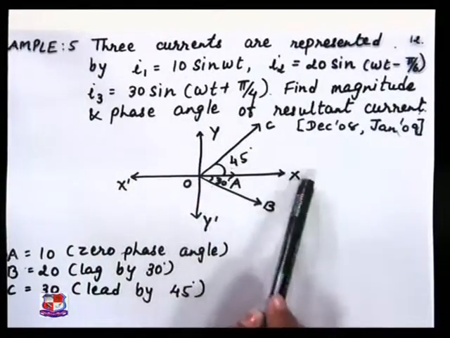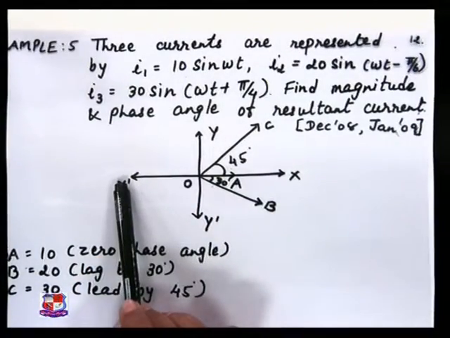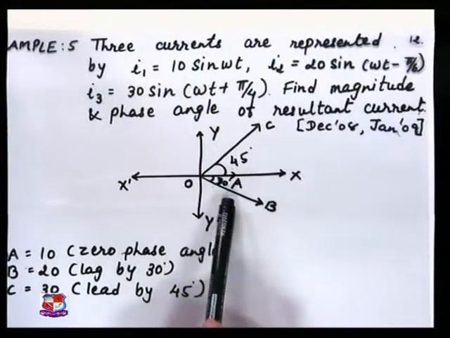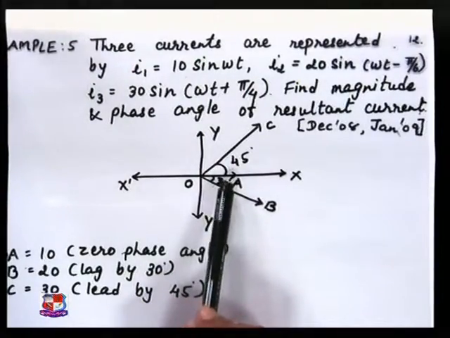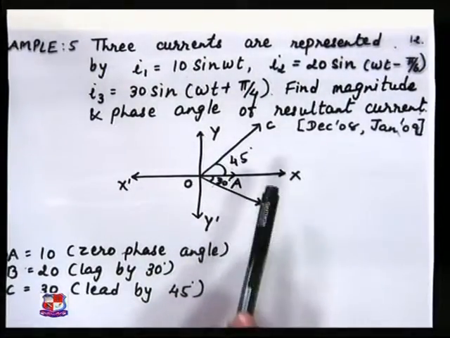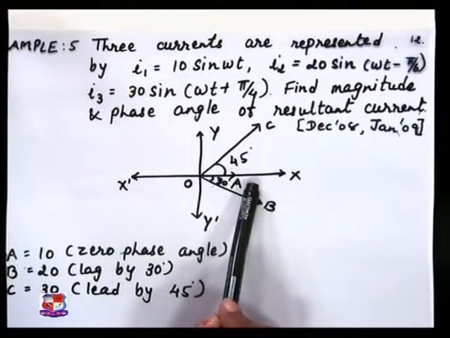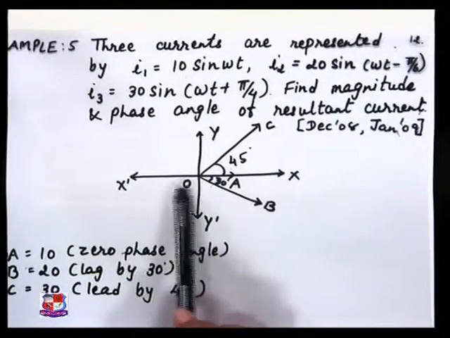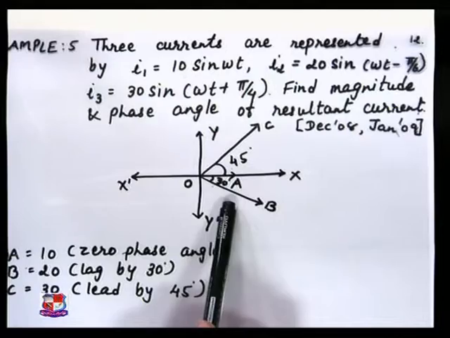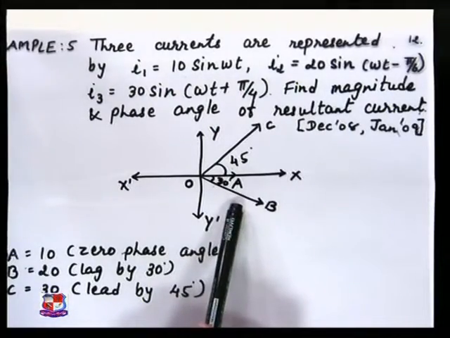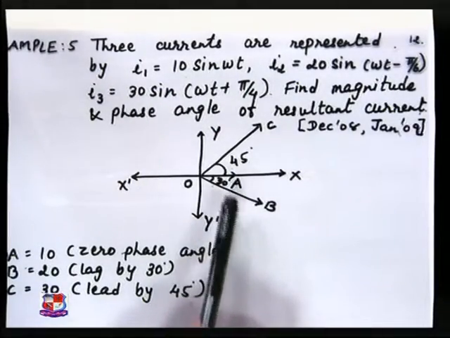So x dash is our reference axis, and OA is placed on this axis. The phase angle between the reference axis and OA is 0. This is the representation of the first quantity I1, represented by OA: phase angle is 0, magnitude is 10.